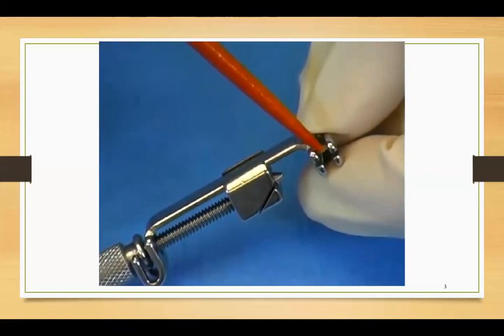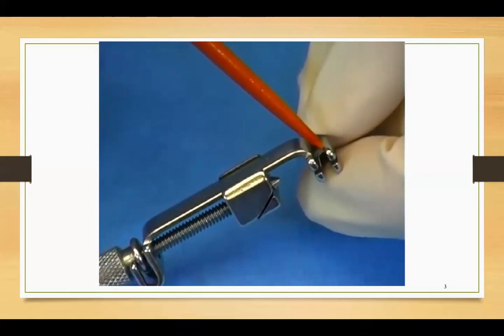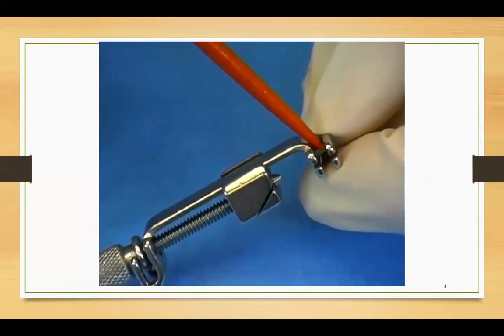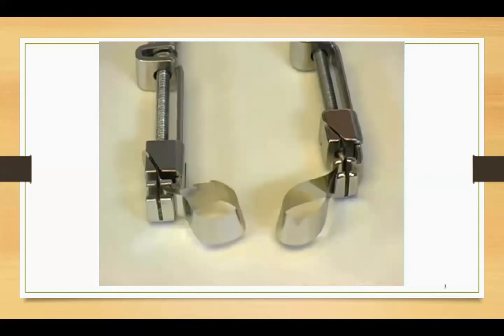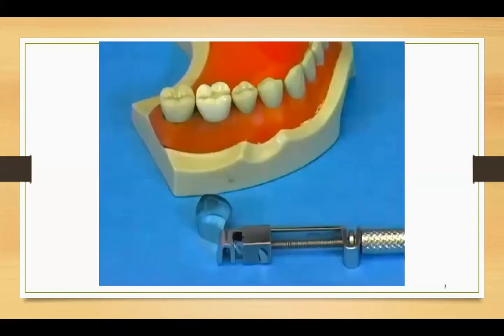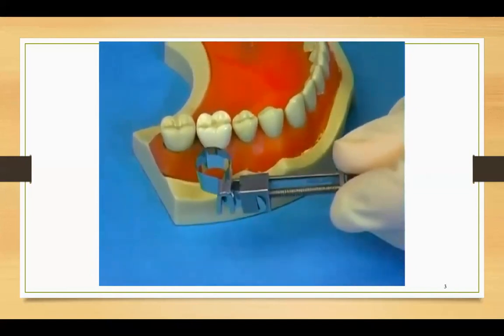These are the guide slots to move the looped band to the right or left, depending on the tooth to be restored. Here are two retainers set up with the band exiting through the right and left guide slots. Holding the retainer, place it on the facial side of the tooth to be restored.